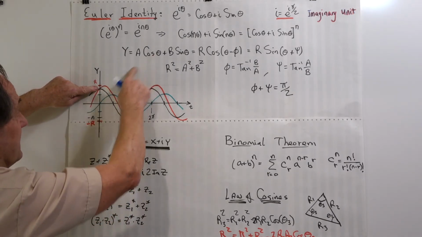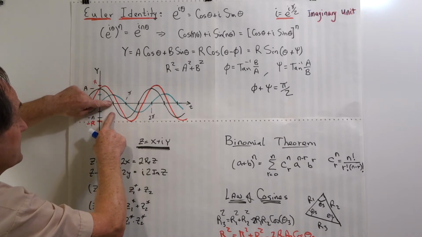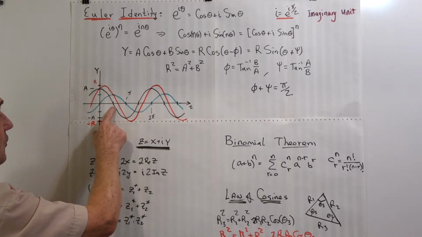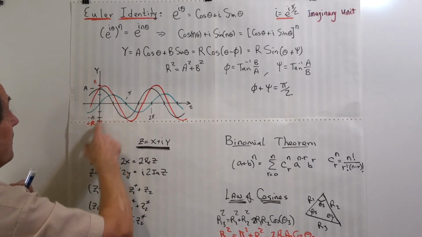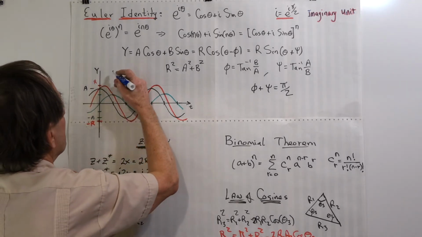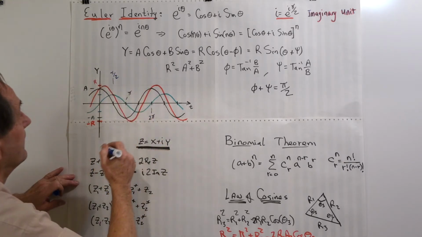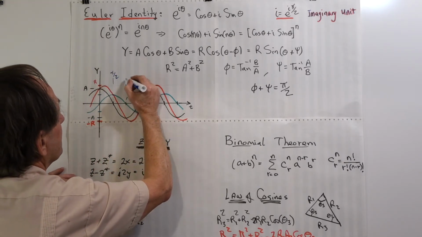And then as theta increases, the cosine decreases until it reaches pi over 2. This value here will be pi over 2. And then this value here is pi.